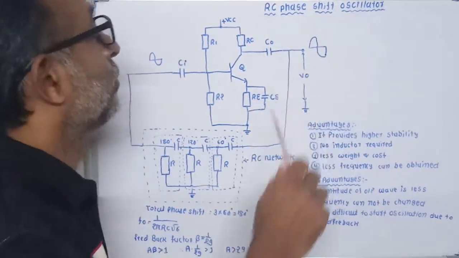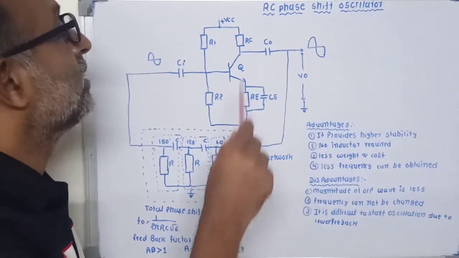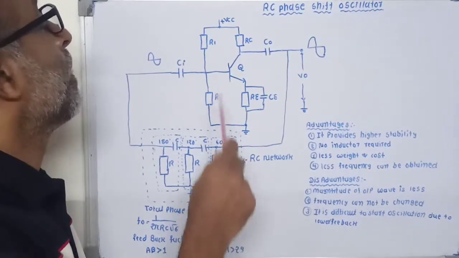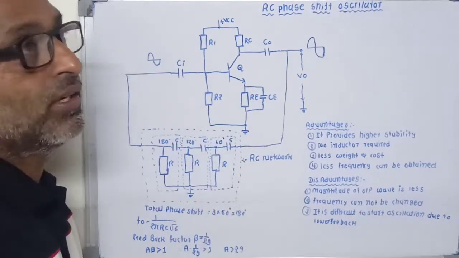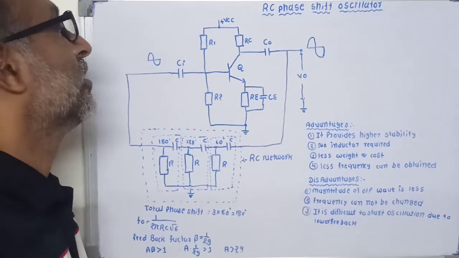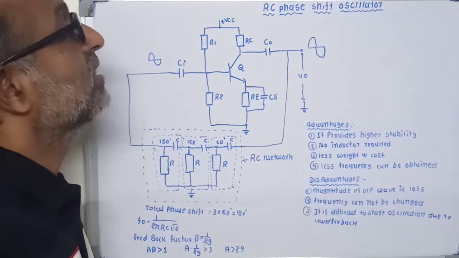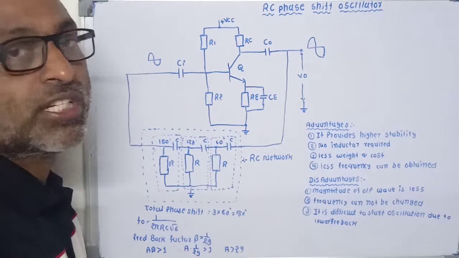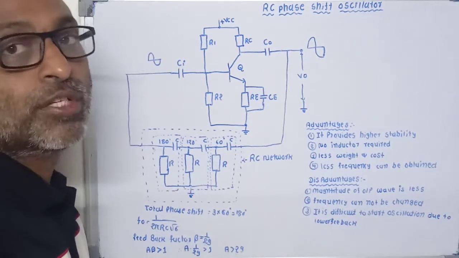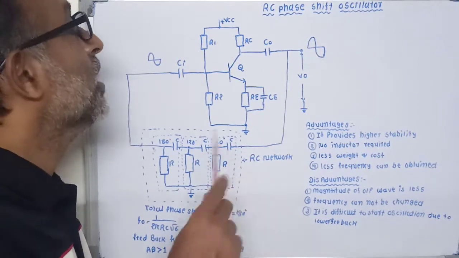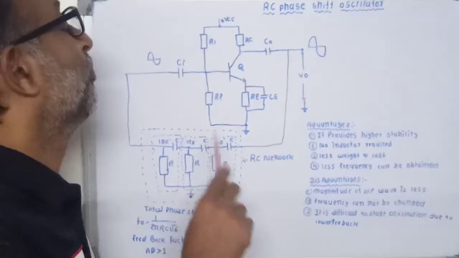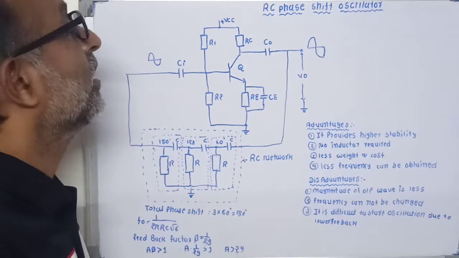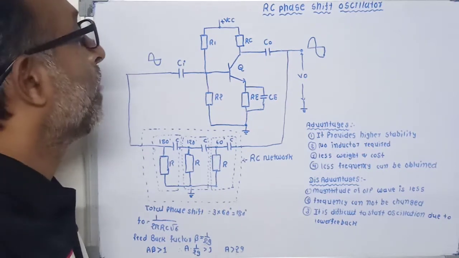RC phase shift oscillator. Here is the basic circuit of the RC phase shift oscillator. Q is the NPN transistor which acts as the active device for the oscillator. R1 and R2 are the voltage divider resistors which provide proper bias to the base of transistor Q. RC is the collector resistance which is connected in the collector circuit to obtain the output.